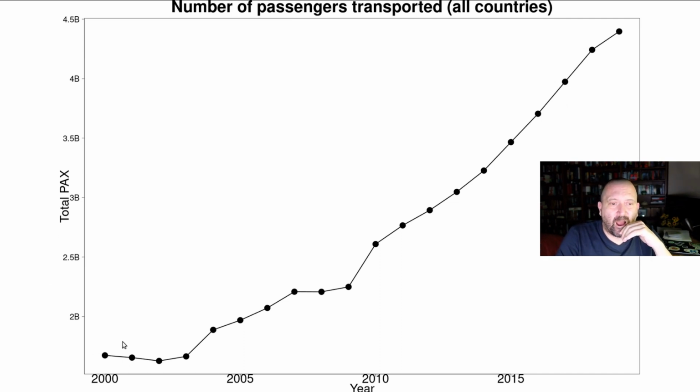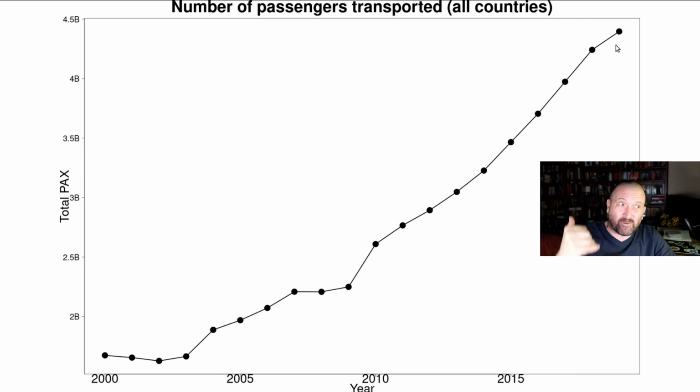If you look at the early 2000s, it was about a billion and a half passenger trips, and it increased to 4.5 billion in 2019. I should point out this is data from the World Bank. I don't think they have updated it yet.